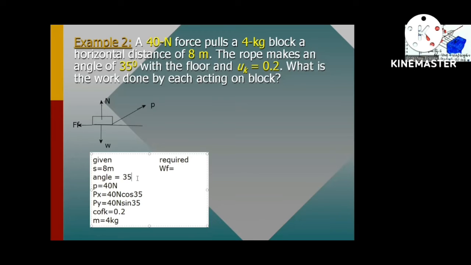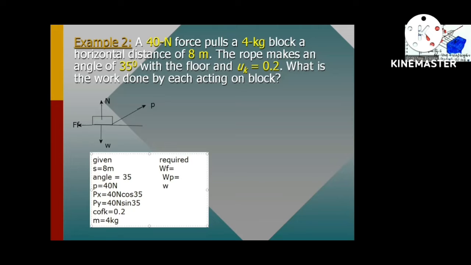The same work done by P. Work done by P, how much? And the third one is work done by P is equal to 0.